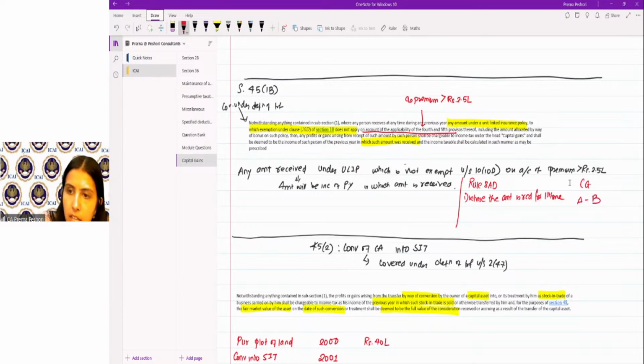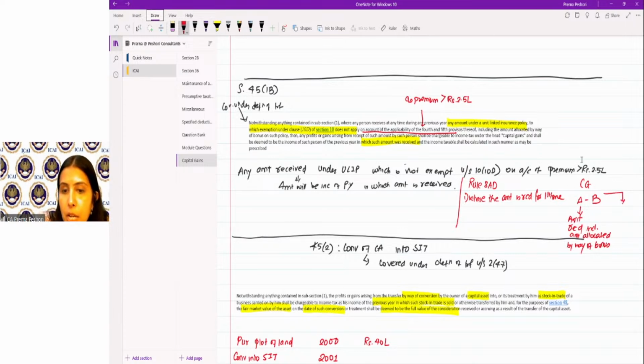What is A? A is the amount received for the first time under the ULIP, including amount allocated by way of bonus. And what is B?